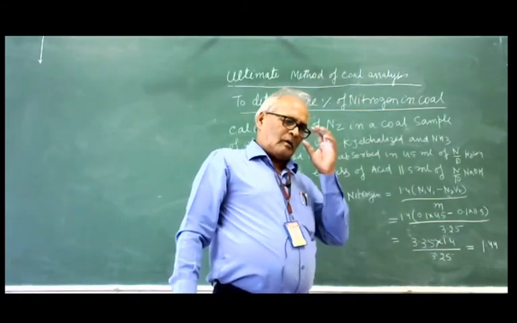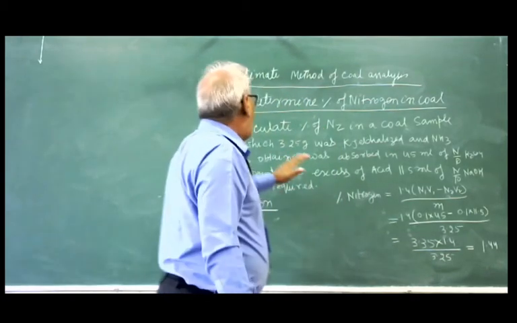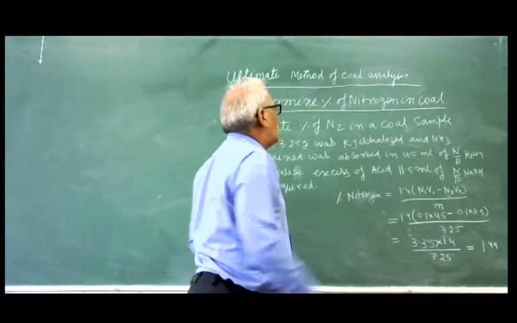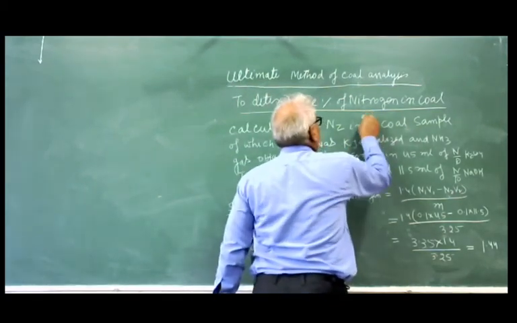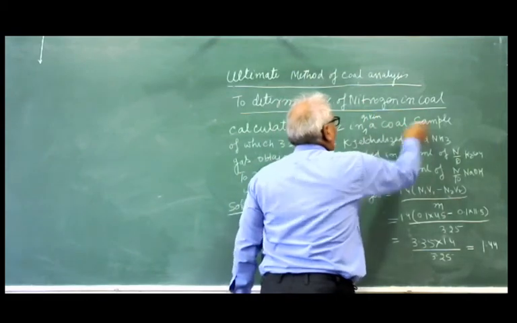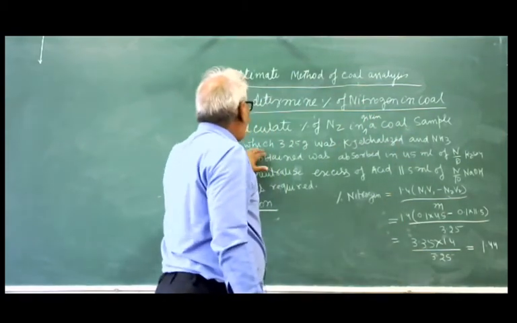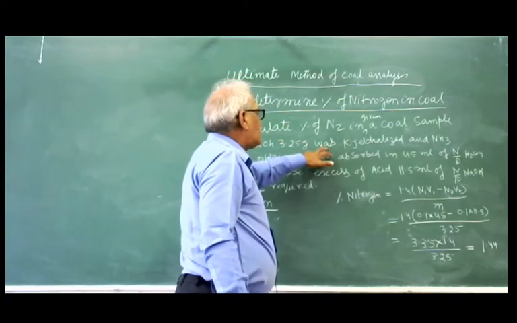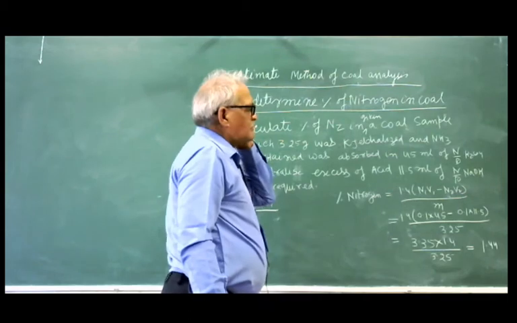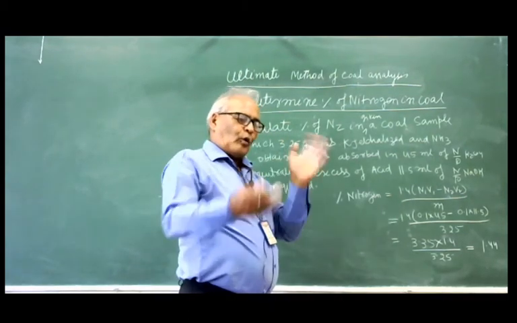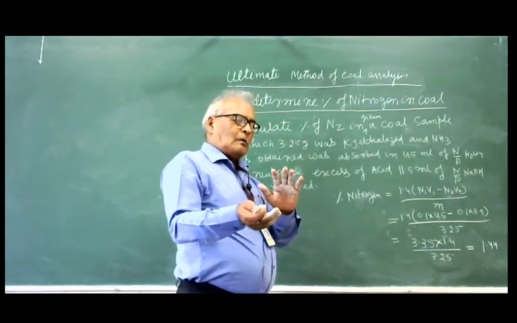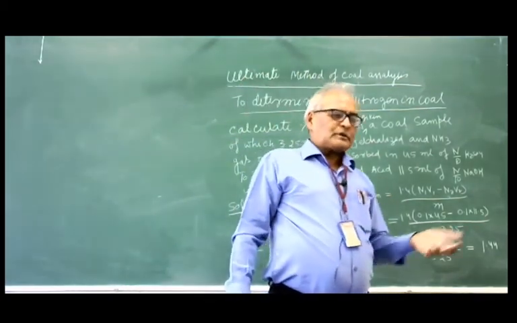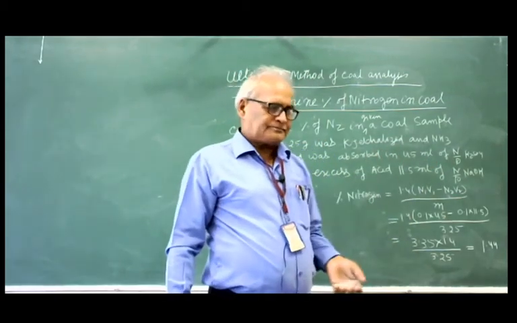Calculate the percentage of nitrogen in a given coal sample, of which 3.25 gram was digested. Digested means coal mixed with concentrated sulfuric acid, potassium sulfate and copper sulfate.